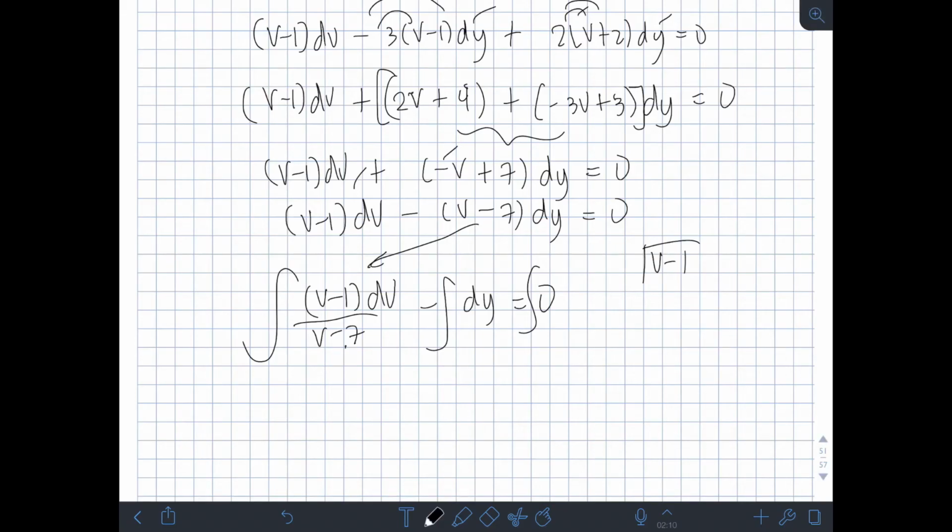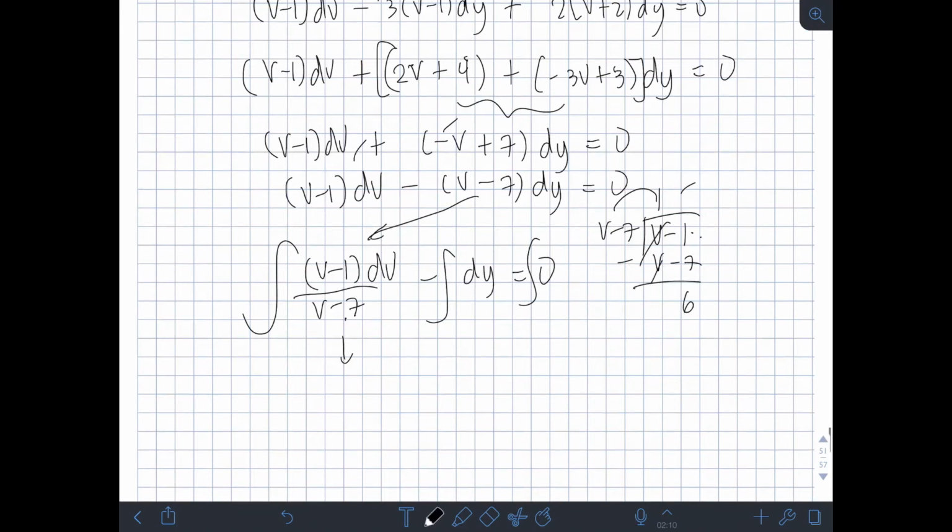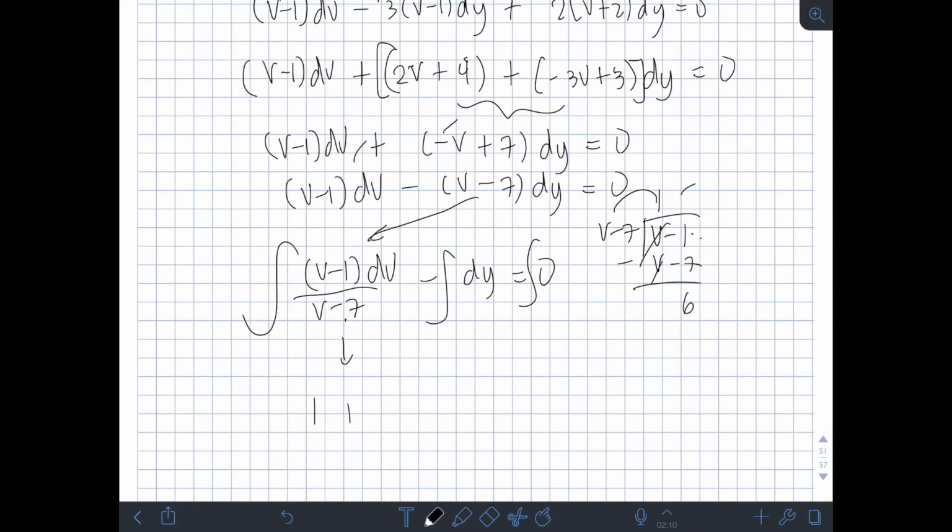So, v - 1 divided by v - 7 is, so 1 times v - 7, subtract, cancel si v. So, -1 minus -7 is positive 6. So, parang we have equal to sa quotient na 1 plus remainder na 6 over v - 7 dv.